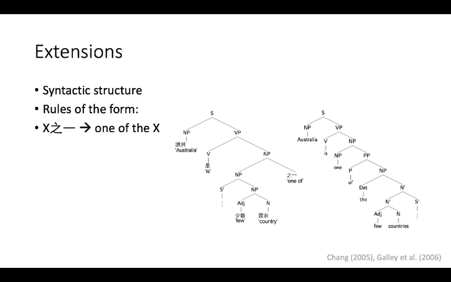For example, you can replace it by country, you can replace it by house. So one of the house will be, this is maybe house GE, and that's it. And we use the syntactic structure rule.